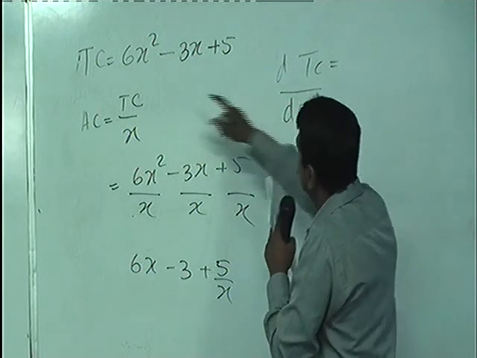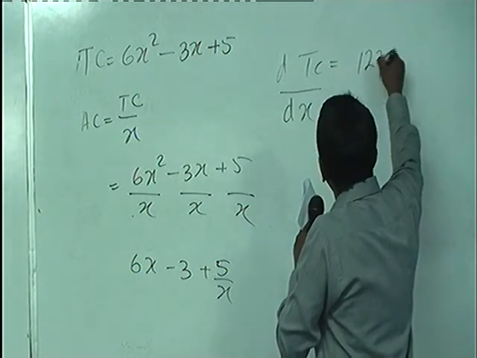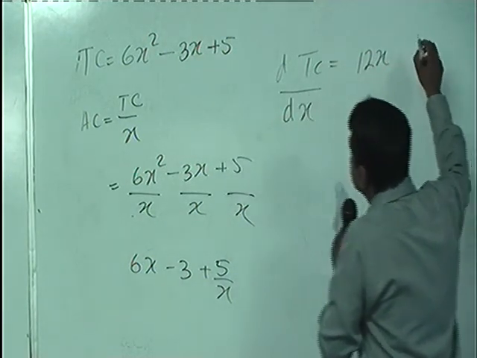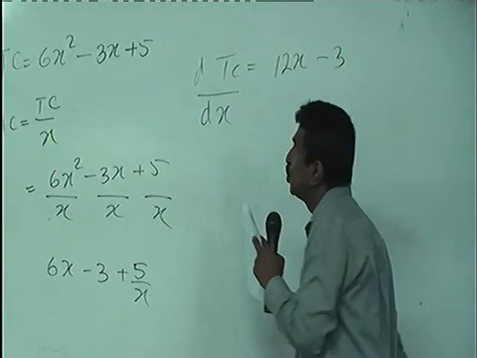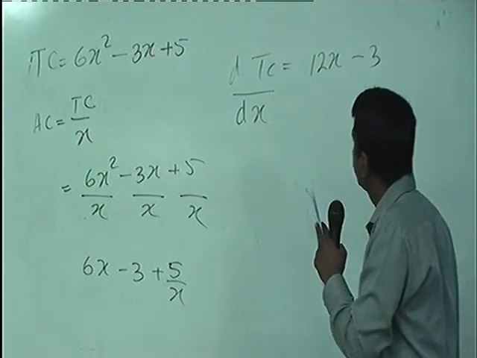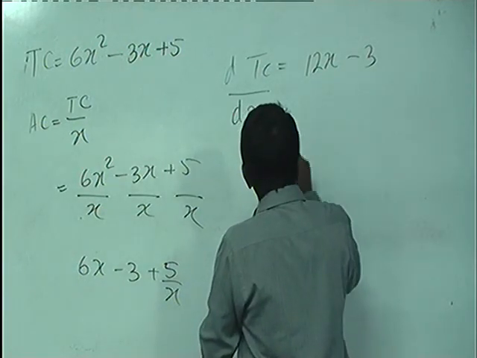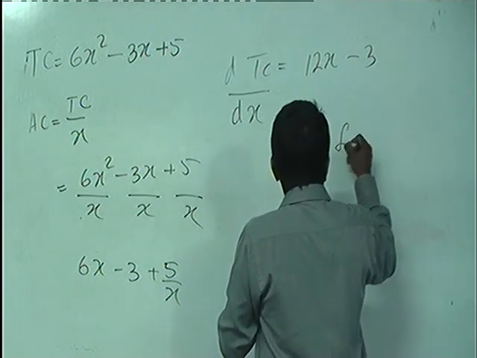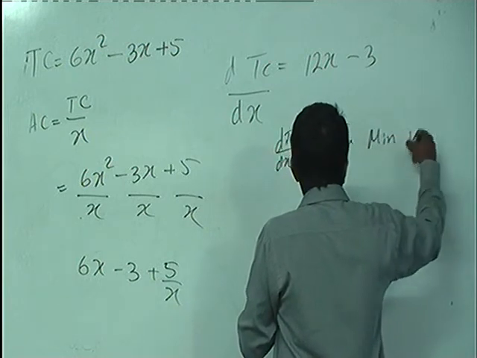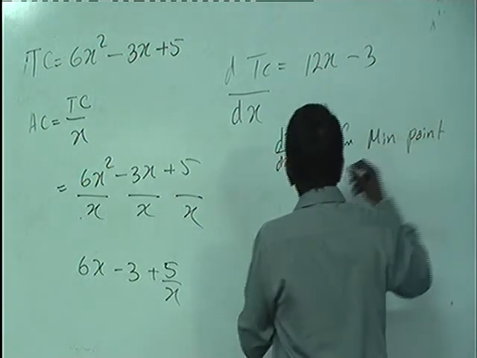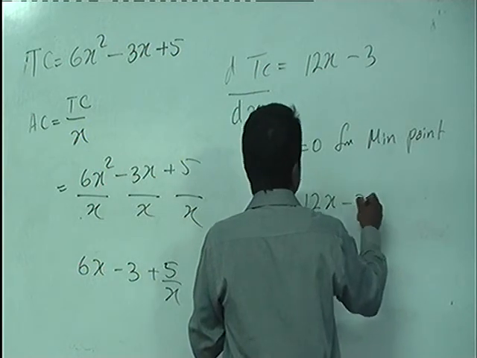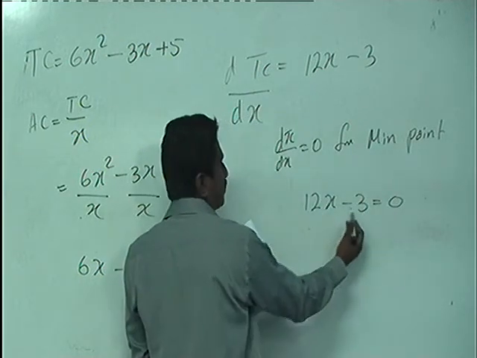When you differentiate this, it is 12x minus 3. dTC by dx equals 0 for the minimum point. So 12x minus 3 equals 0.